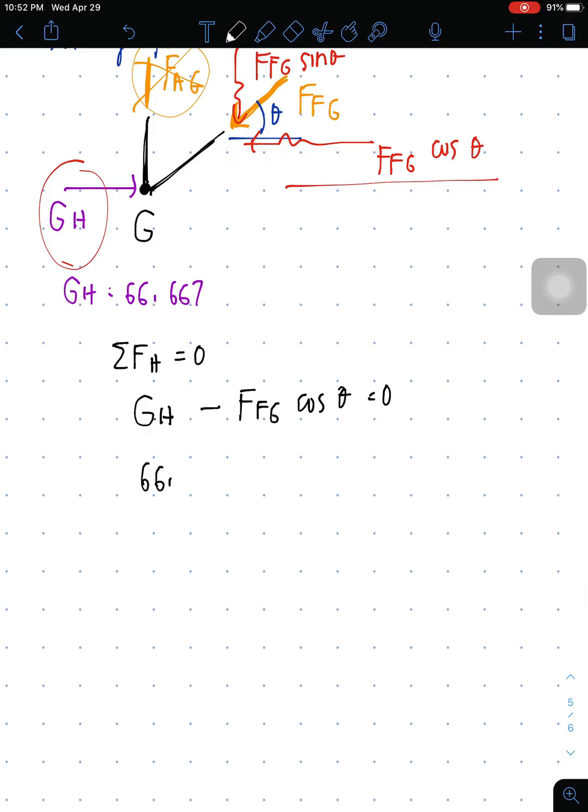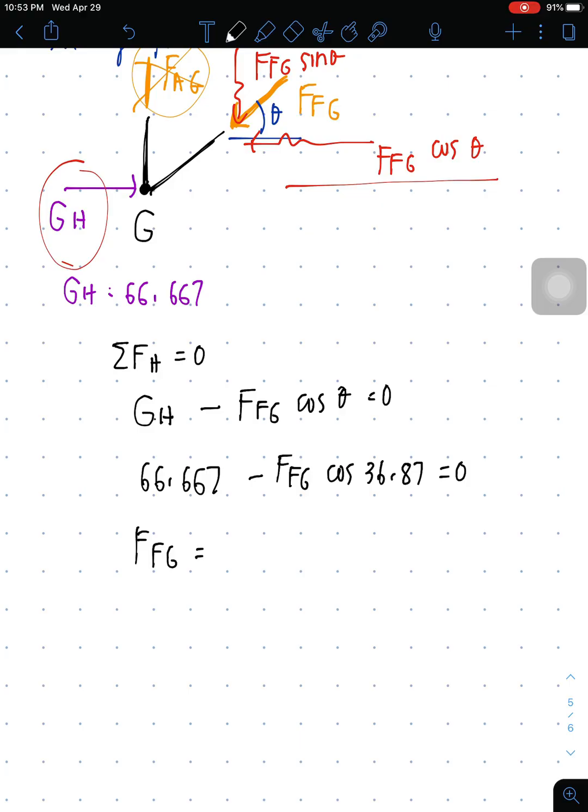So we'll have 66.667 minus FFG cosine of 36.87 equal to 0. So we can now solve for FFG by transposing this to the other side.